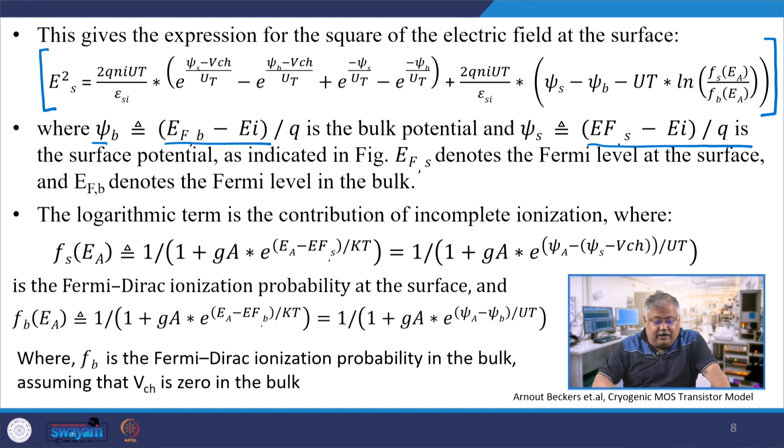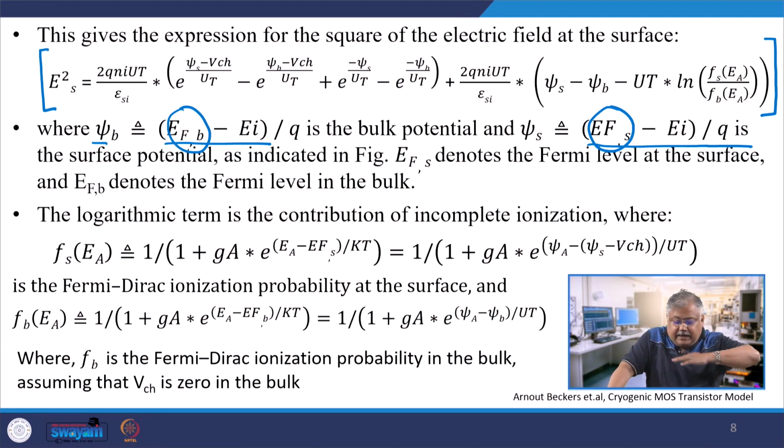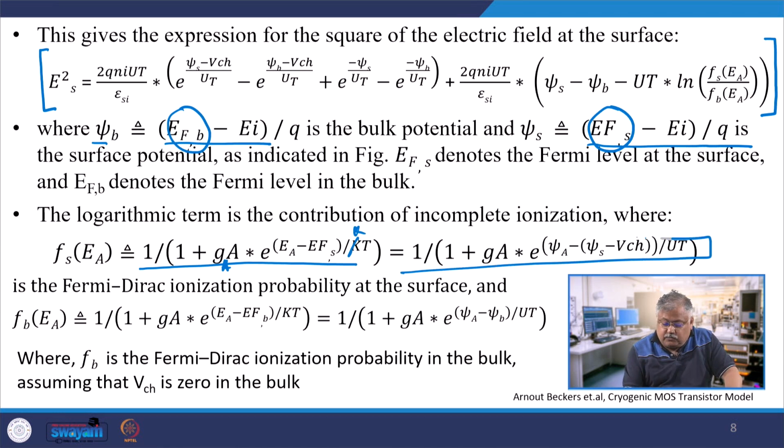What is EFB? This EFB denotes the Fermi level at the bulk, and this is the Fermi level at the surface. Surface means at the silicon dioxide interface. Now the interesting part comes into the picture: the logarithmic term in the contribution of the incomplete ionization. This is the incomplete ionization picture, where 1 plus Ga, G suffix a, e to the power this thing over kT, k is small here, equals this quantity.